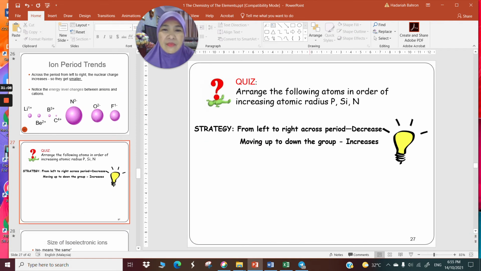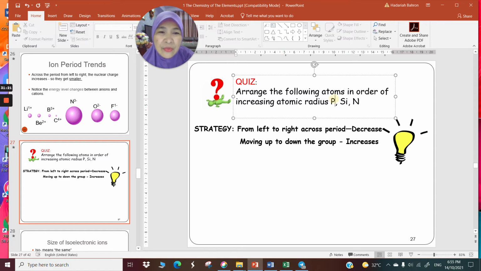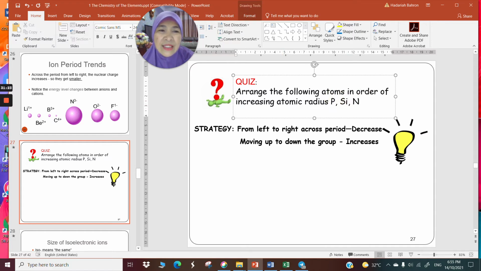So you can try to arrange the following atoms. Now remember, these are all atoms, not ions, in order of increasing atomic radius: phosphorus, silicon, and nitrogen. Which one is the biggest? Which one is the smallest? I would like you to discuss this among yourselves. The strategy is, from left to right across a period, there is a decrease.